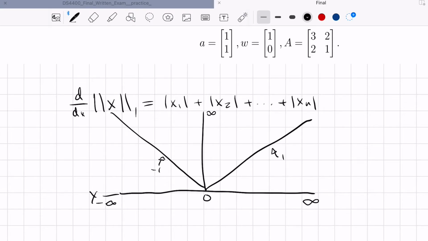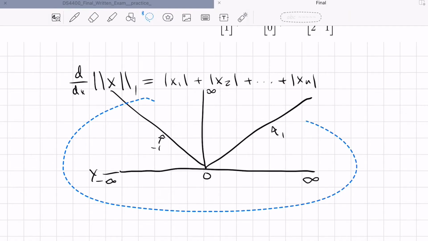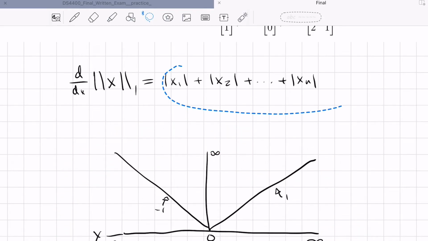With this in mind, if we take the derivative, I'm going to move this line down. Sorry about that. Here we go.